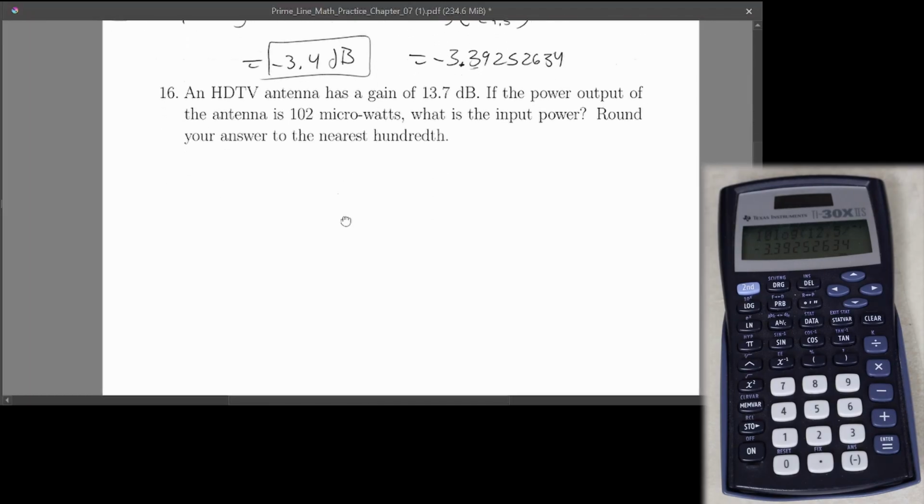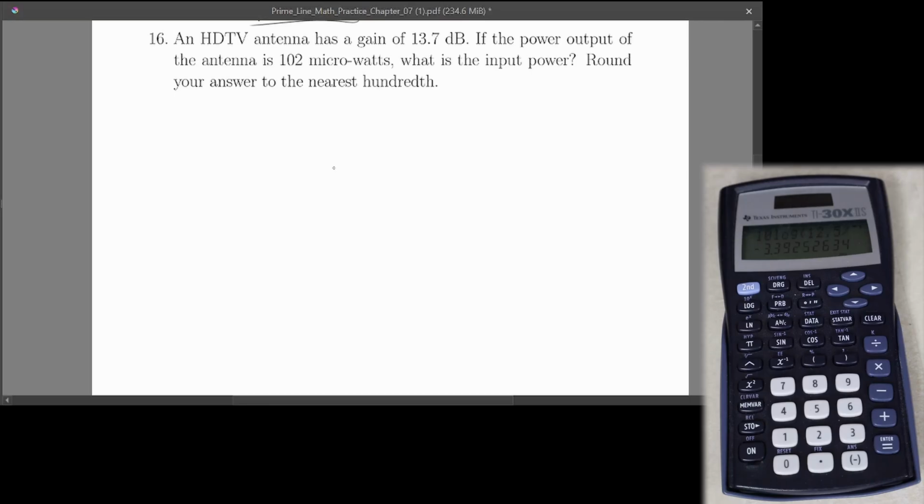On number 16, we have an antenna that has a gain, and if the output power is 20 microwatts, what's the input power?